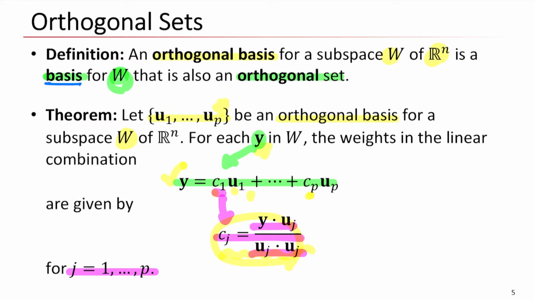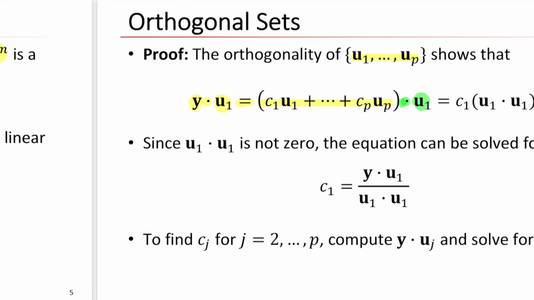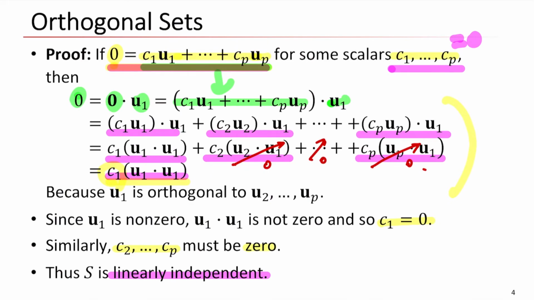Okay, so let me start from here, right? The orthogonality of U1 through UP shows that Y inner product U1 is equal to this, Y inner product U1, right? Then similar to here, right?